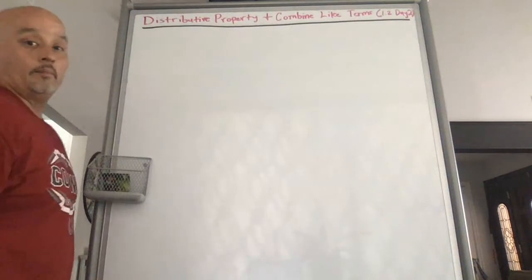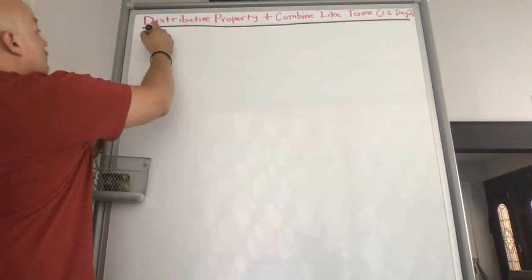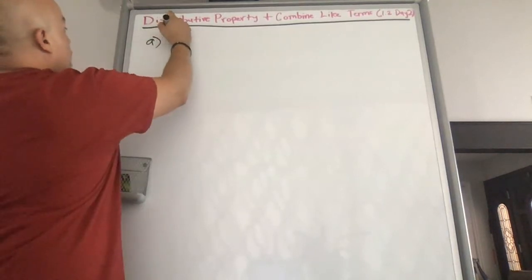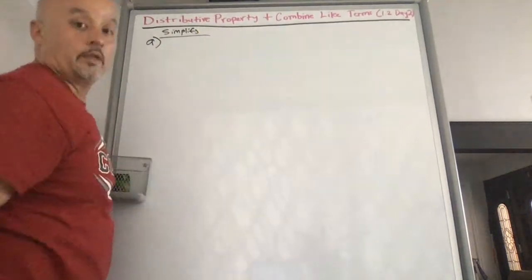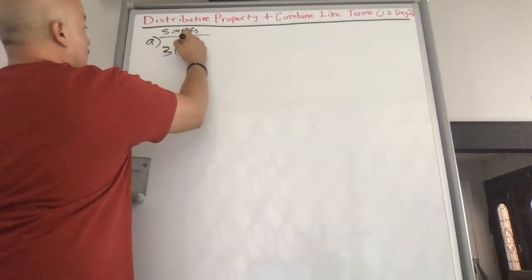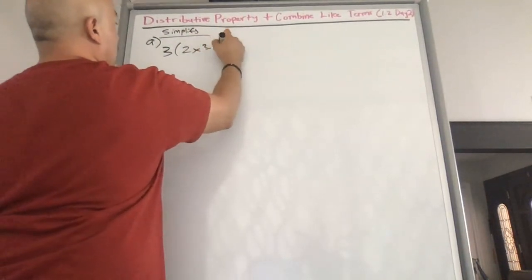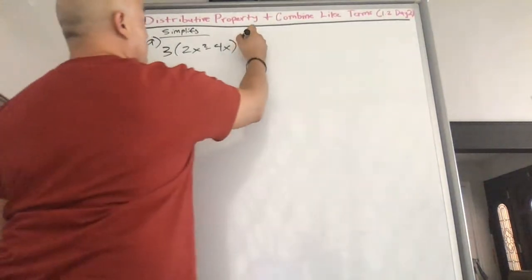So here is the first problem under simplify, problem A. 3 times parentheses 2x squared minus 4x plus 7 times x minus 3.